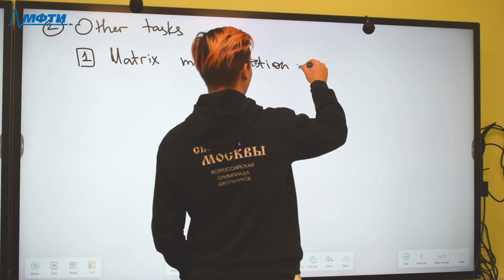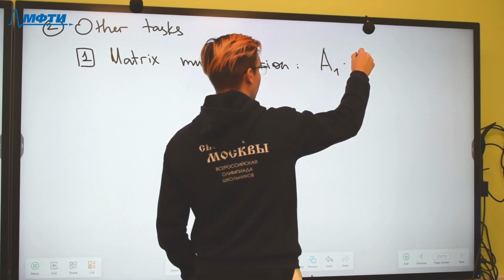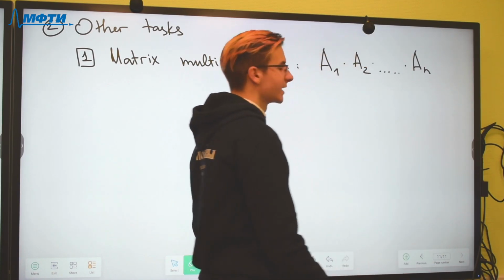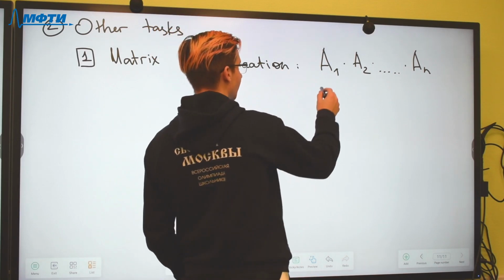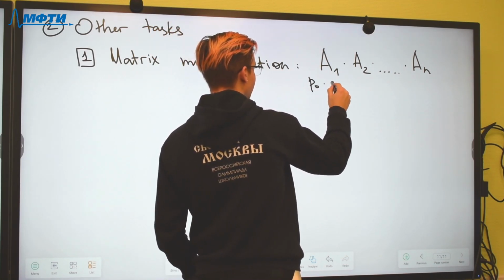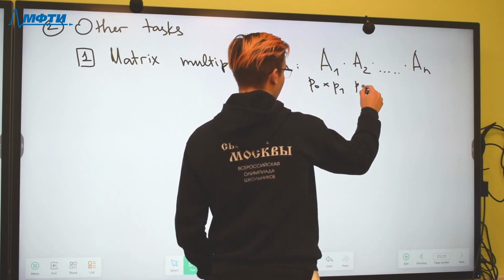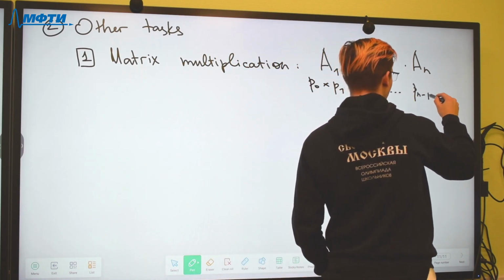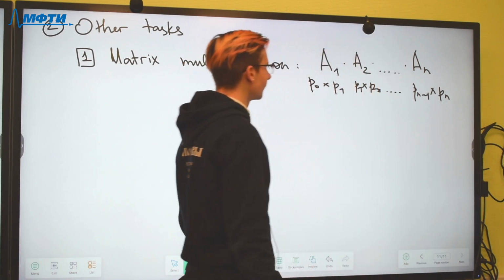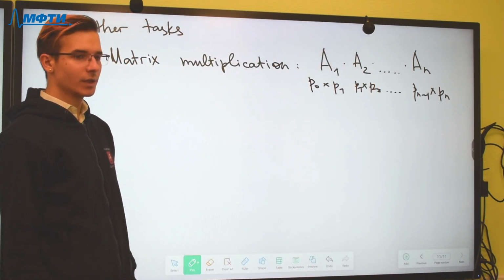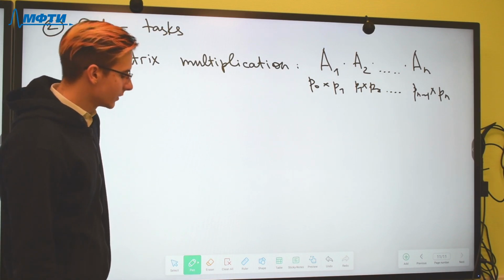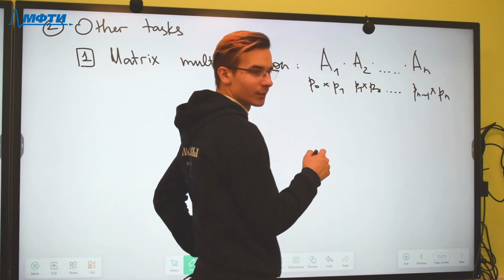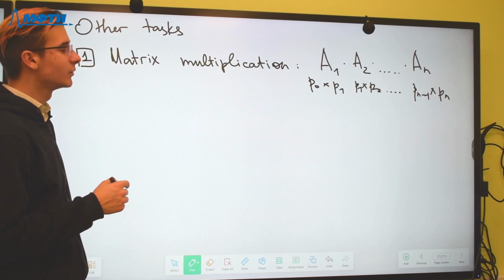If we have, for example, some matrices, and we know that this matrix has a size equal to p(i-1) by p(i), and we need to understand what is the first multiplication, what is the second multiplication.